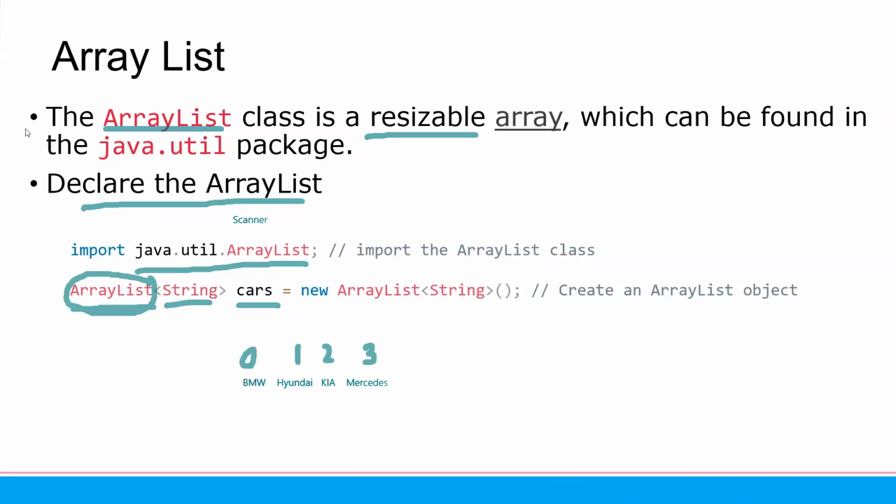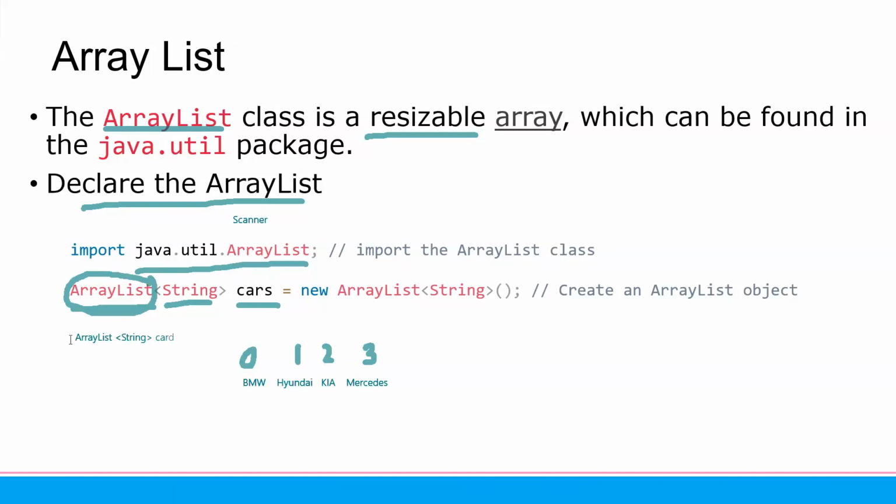When you define with the array list, you need to use ArrayList and the triangle brackets. Inside of the triangle brackets, you need to define the data type. You can use string, integer, double, or any data type here. Now let's use string for the first time.